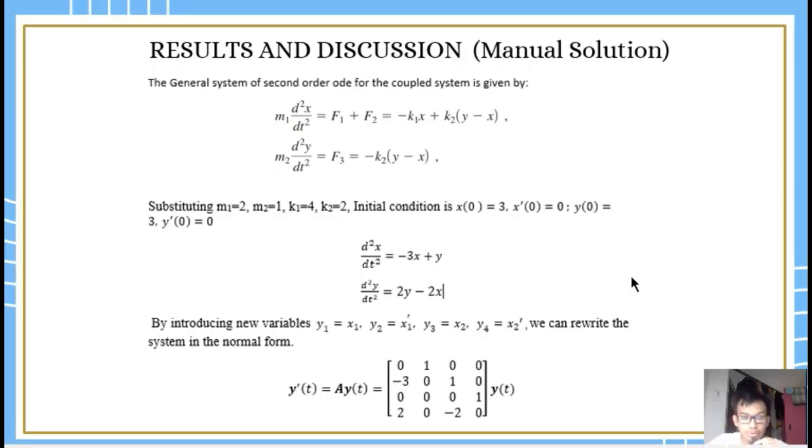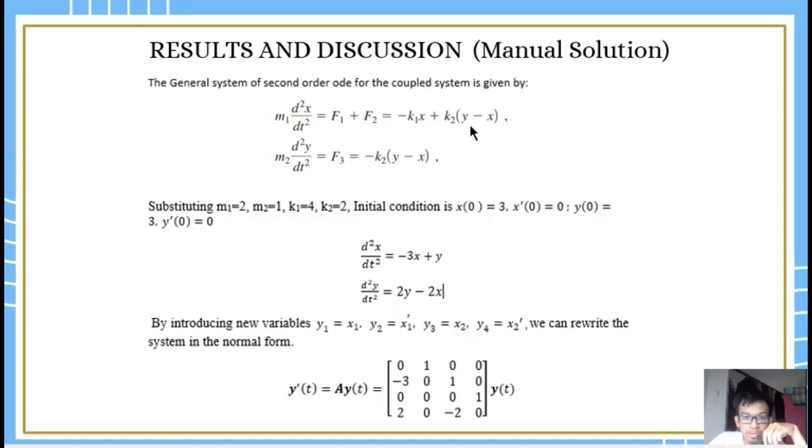Now we go to the results and discussion. This is the general system of second order ODEs for the coupled system. M1 d2x/dt² equals F1 plus F2 minus K1 x plus K2 (y minus x), and M2 d2y/dt² equals F3 minus K2 (y minus x).